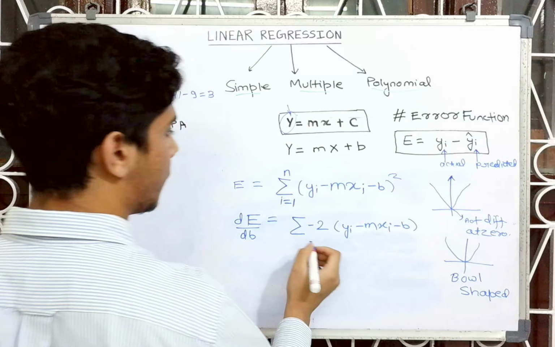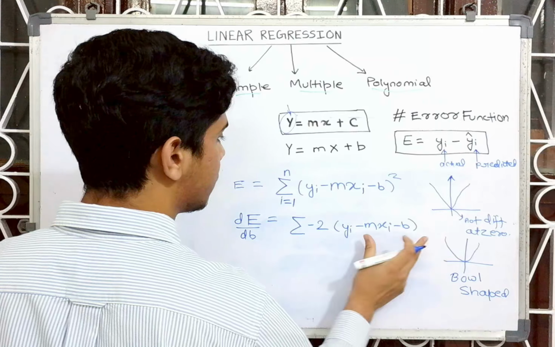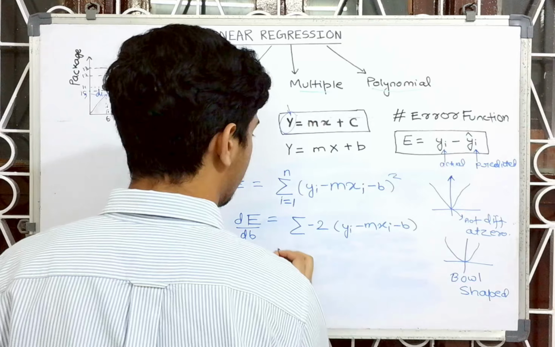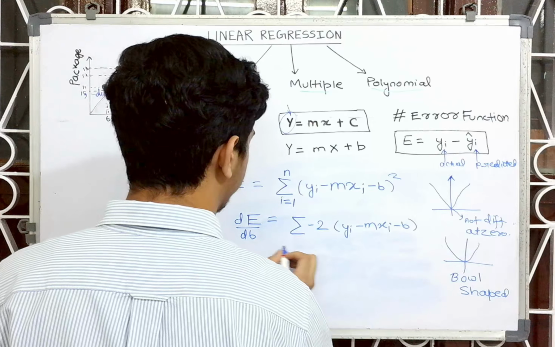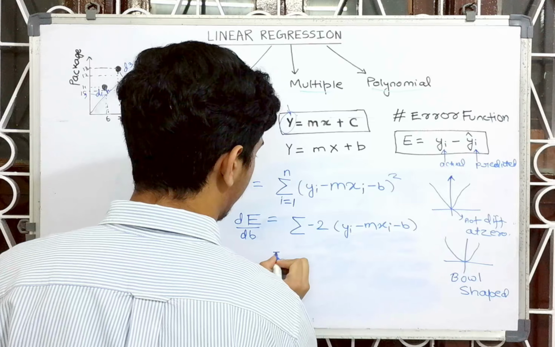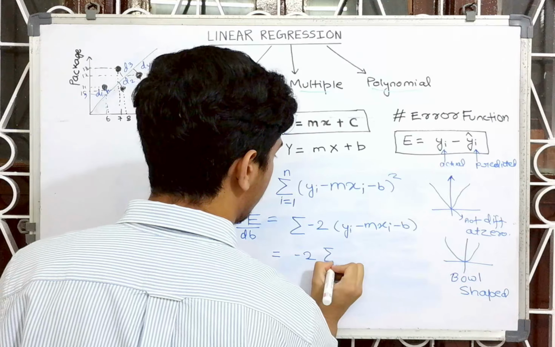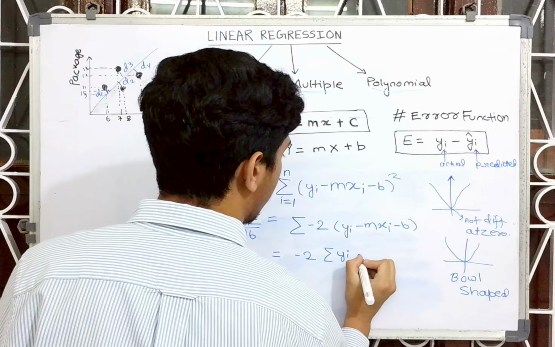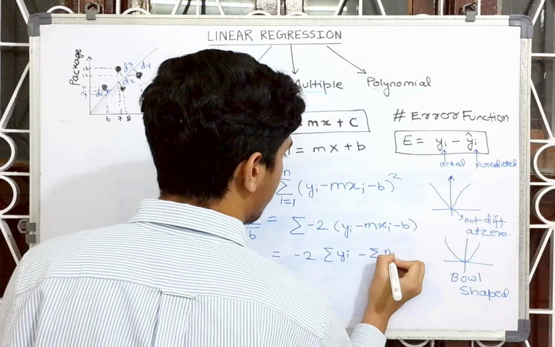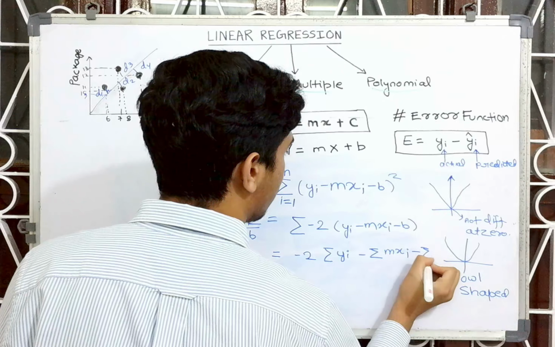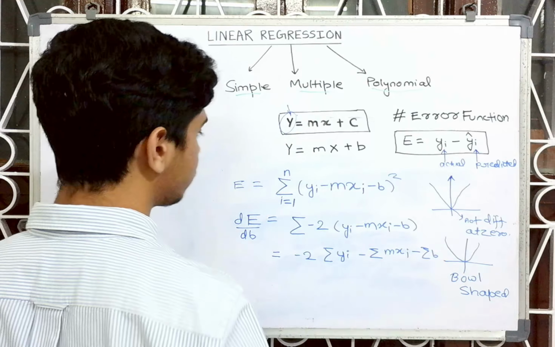So now we have got this for the single differentiation of E. If we solve it further, we will have -2 summation of yi minus summation of mxi minus summation of b, right?